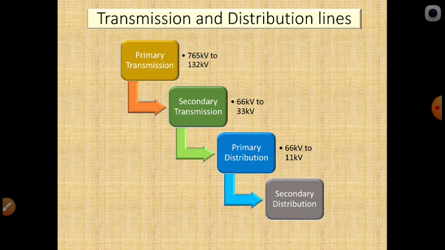So we have to give a quality electrical supply to the consumer, meaning the prescribed reference voltage, plus or minus 10% variation. If we are giving 230 volts, we give the consumer 230 plus or minus 10%.